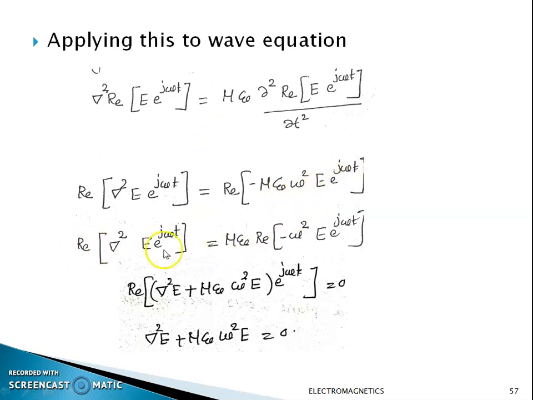So this can be written real part of del square e raised to j omega t is equal to mu epsilon real part of minus omega square e raised to j omega t. And thus rearrange this equation as real part of del square E plus mu epsilon omega square e raised to j omega t, that is e raised to j omega t is common in both terms, equal to 0.